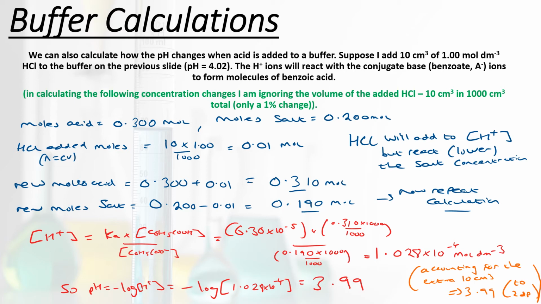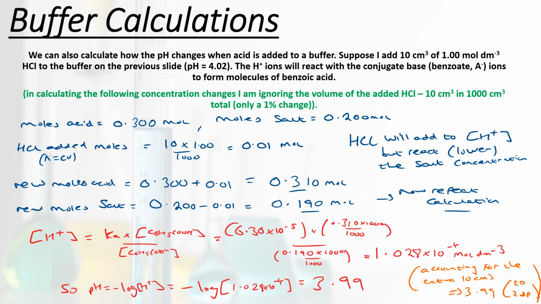So we calculate the moles of HCl that we've added. So we take the volume times by the concentration, divide by 1,000 to convert our volume from centimetres cubed into decimetres cubed, and we've added 0.01 moles of the acid. So our acid, HCl, remember HCl is a strong acid, it fully dissociates. So the HCl moles will add to our acid concentration.